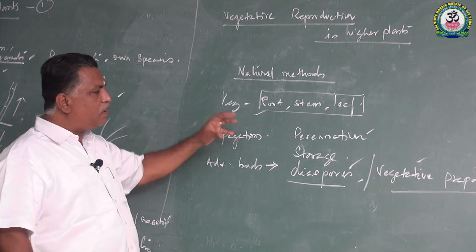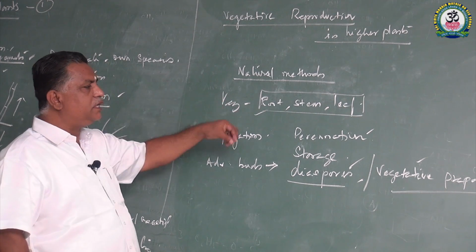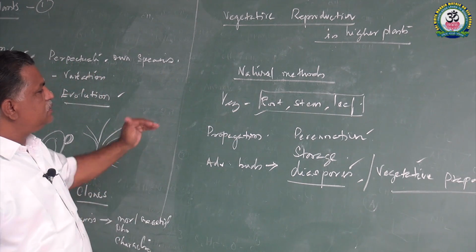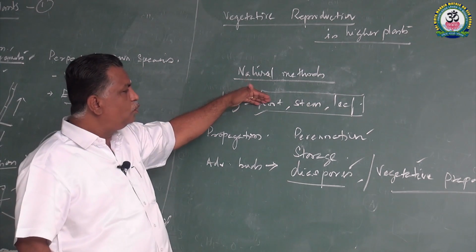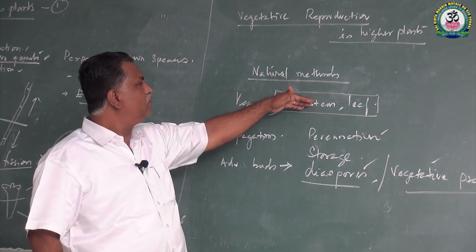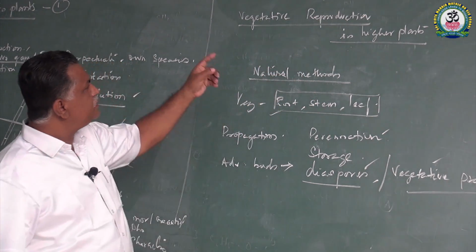They are called natural vegetative propagules or natural diaspores. I said root is involved in vegetative propagation, stem is involved in vegetative propagation. We are talking about vegetative reproduction.